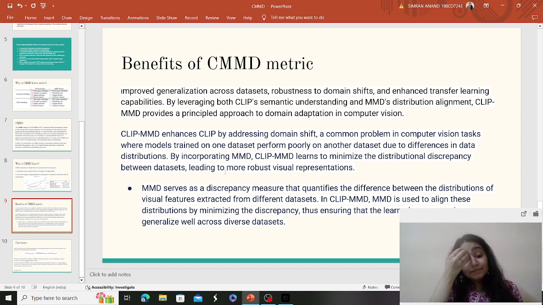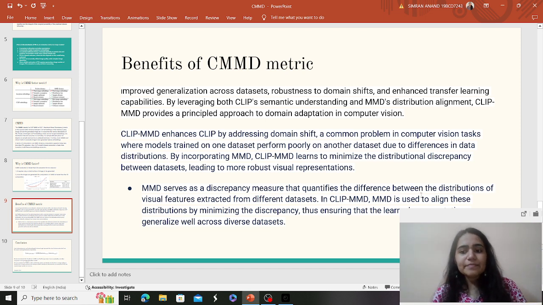So there would not be information loss when you're trying to shift from one domain to another. So that's a very good metric. MMD serves as a discrepancy measure that quantifies the difference between the distributions of visual features extracted from different data sets. It is able to quantify the difference. The difference is getting quantified, hence it's the discrepancy measure here.